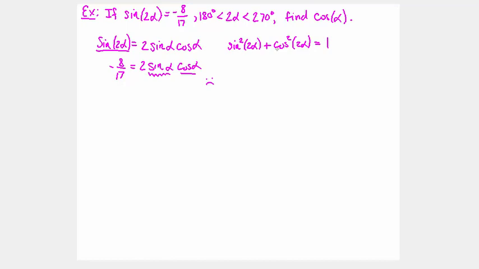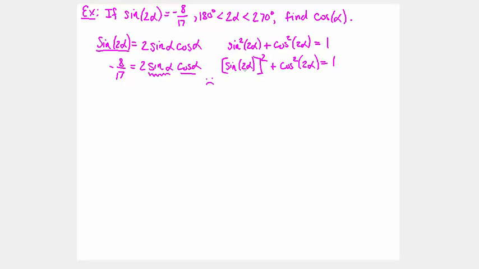Let's proceed with this identity. Remember that sine squared of 2 alpha is the same thing as sine of 2 alpha all squared. That's just a different way to write the same thing. So then I'll copy down the rest, plus cosine squared of 2 alpha equals 1.